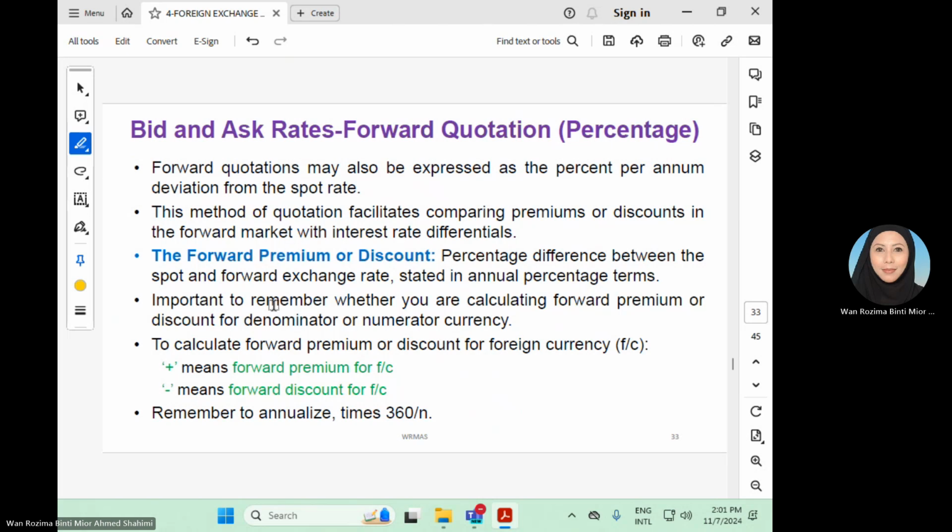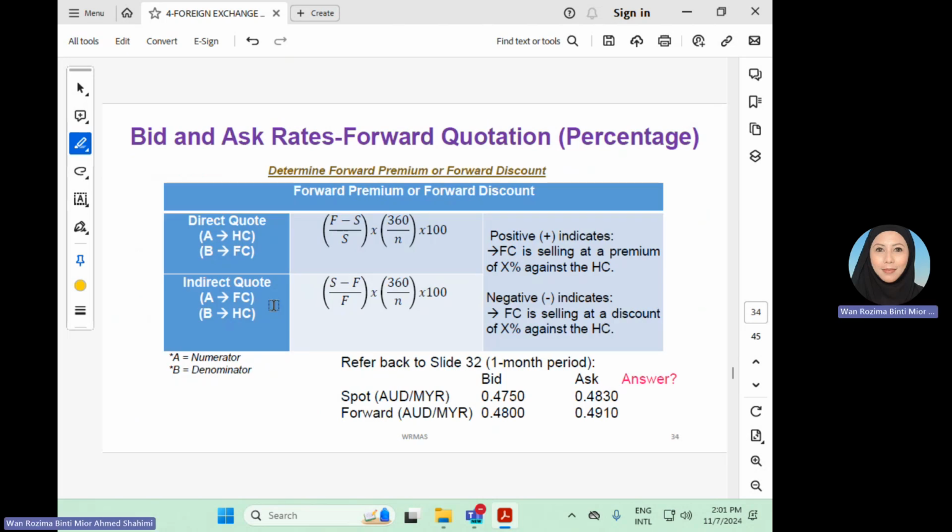Can you calculate this? Use this formula. Assume Malaysian ringgit is our home currency. Okay, 2 minutes.